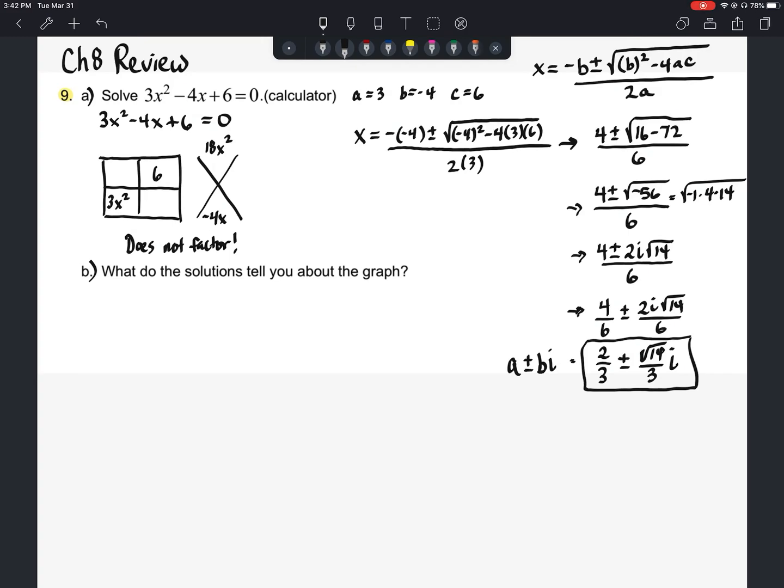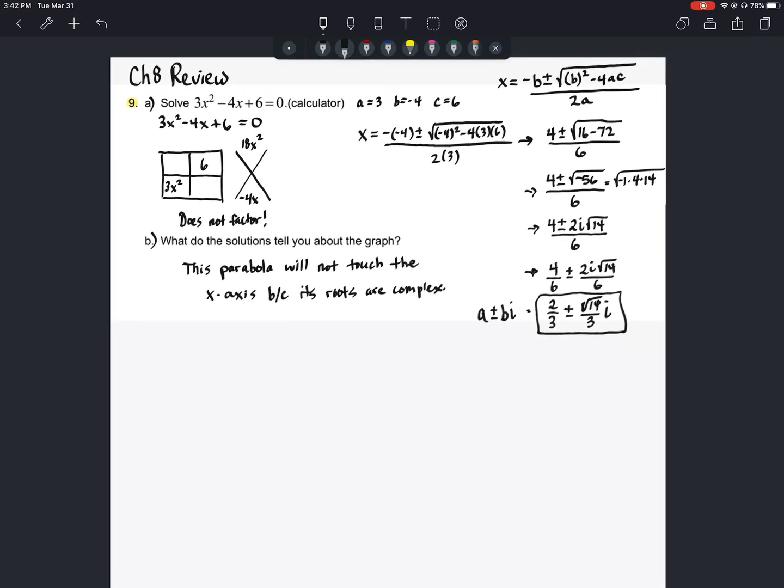Well, if the roots are complex, we know that this parabola will not touch the x-axis, because its roots are complex.